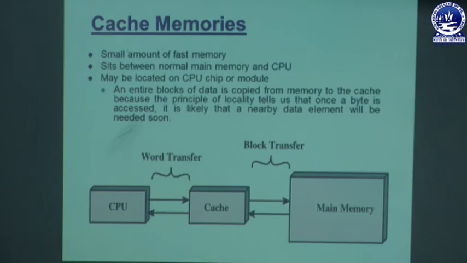Okay. So, to achieve speed access, we use the concept of cache. Okay. When you want to transfer some data from the main memory to CPU, in between these two there is cache memory.